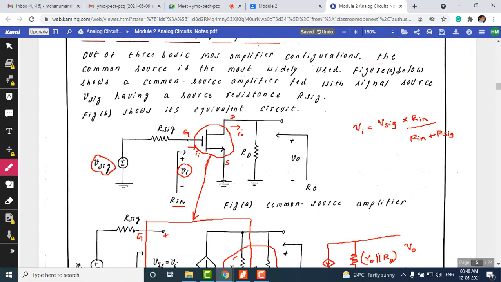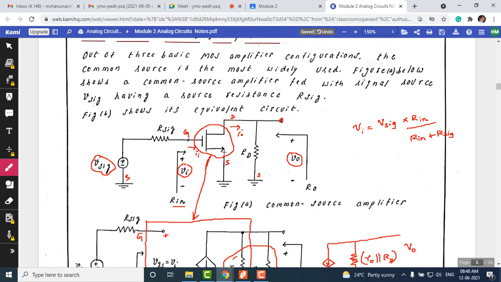The source is grounded, so wherever you find ground, that's going to be the source, because this is also called a grounded source amplifier. Now we have a resistance here to measure the output voltage V naught of the amplifier, and the output resistance can be measured by looking across the drain terminal and the source terminal. So this is the complete amplifier circuit.